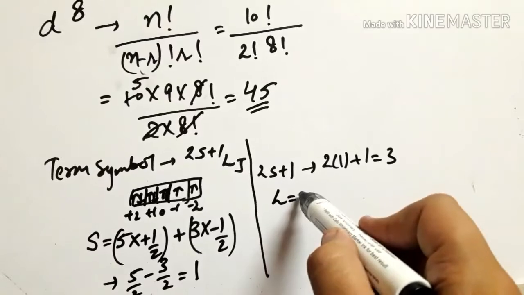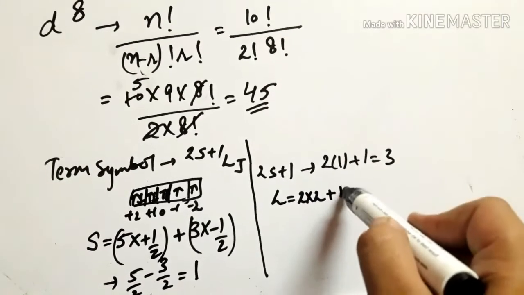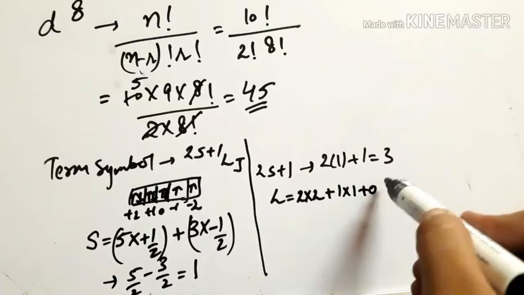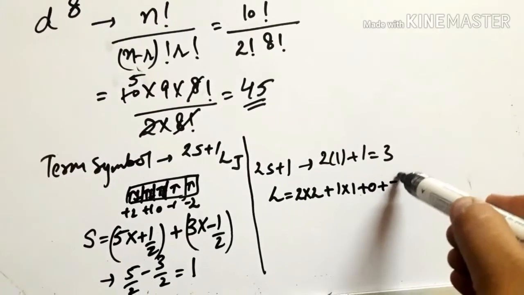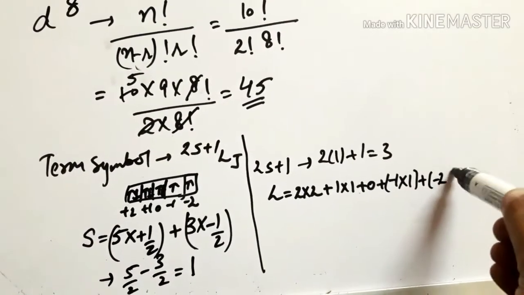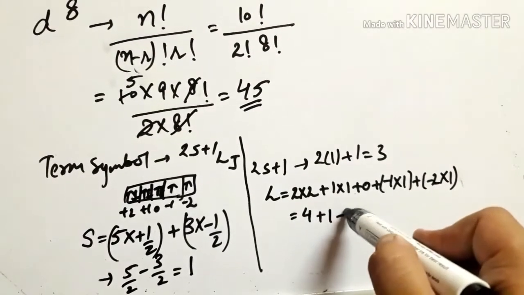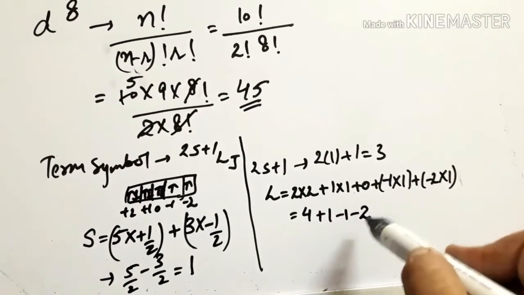For L we have 2 multiply 2, plus 1 multiply 1, plus 0, plus minus 1 multiply 1, plus minus 2 multiply 1. So we have 4 plus 1 minus 1 minus 2.